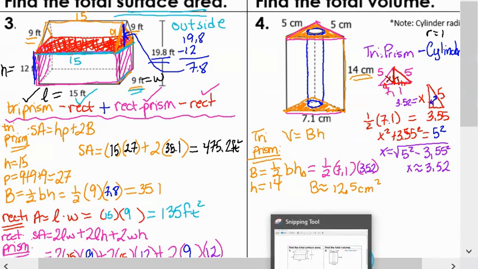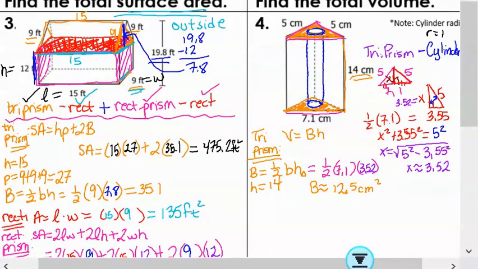The volume of that triangular prism, plugging all those numbers in. We said that's area of the base times height. So that's going to be area of the base times height. We said the area of the base, we just found it. It's 12.5.